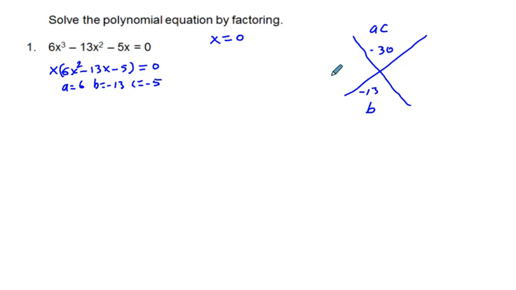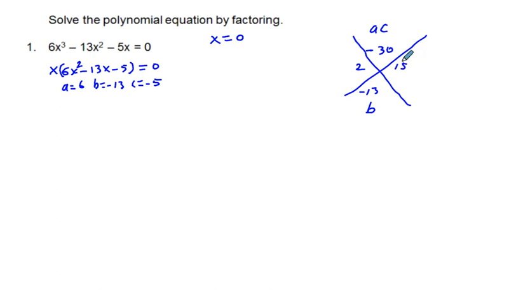So we ask the question, what two numbers multiplied together equal negative 30, but when added together equal negative 13? So you can just try the different factors of 30. And I think what we go for here is 2 and 15. And why that?